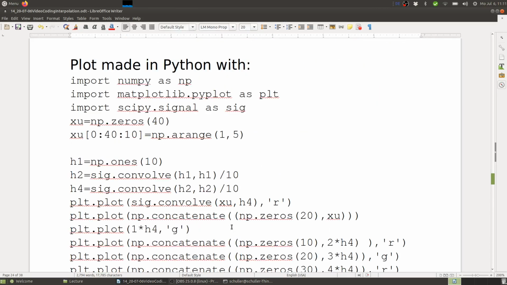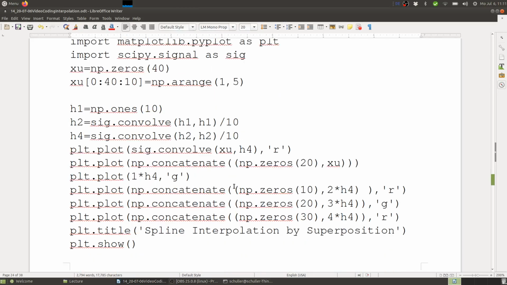Yeah, and this plot here, again, I made in Python using this script. Again, resolution 1/10. Here you can see I make the spline polynomial by using 4 convolutions. Then I'm taking our signal.